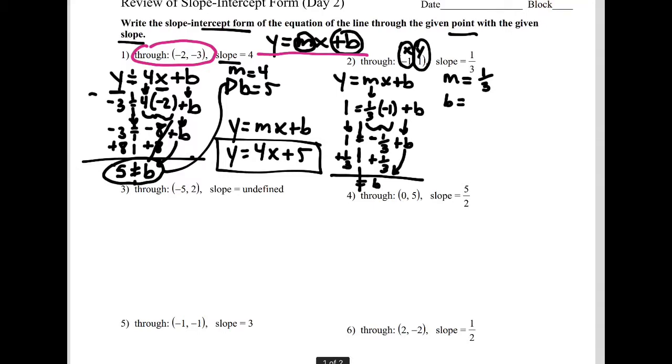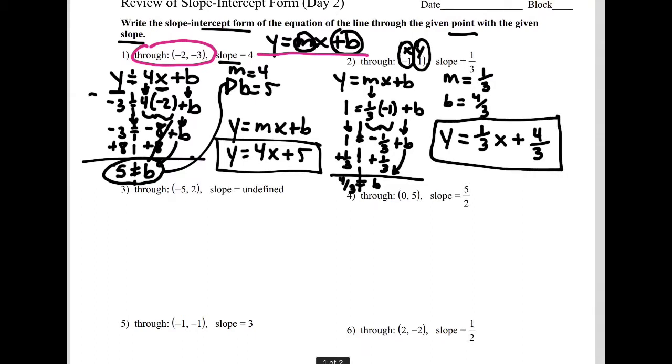So b equals 1 plus 1/3, which is 4/3. You can just leave it as a fraction in simplest form. And now I know my b equals 4/3. So now I know my equation is y equals 1/3 x plus 4/3.